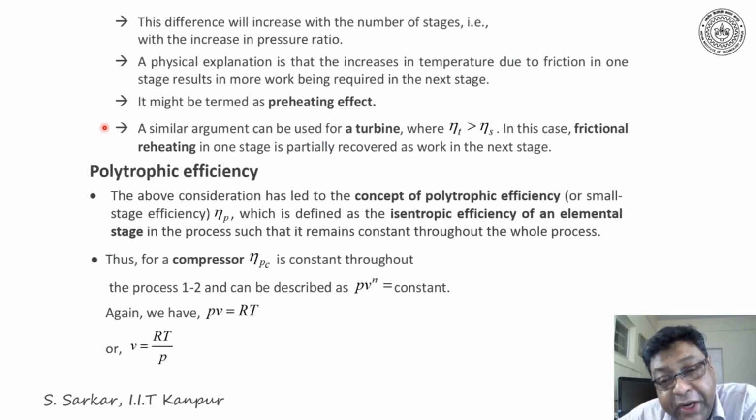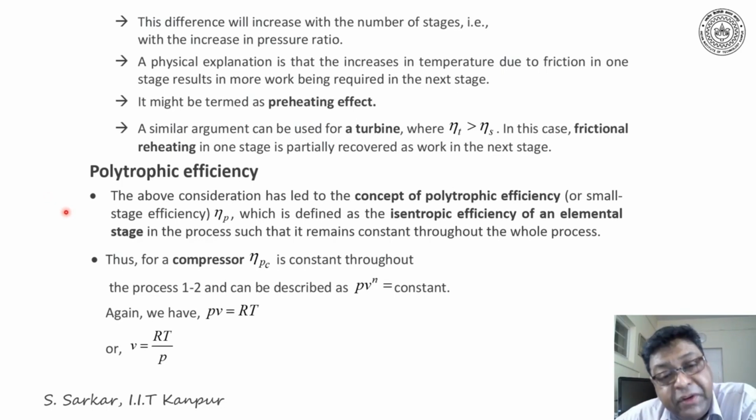Thus, the frictional loss here is partially benefiting. So, what I like to tell is that the total frictional loss is not wasted. The part of that can be recovered in the next stage as useful work.